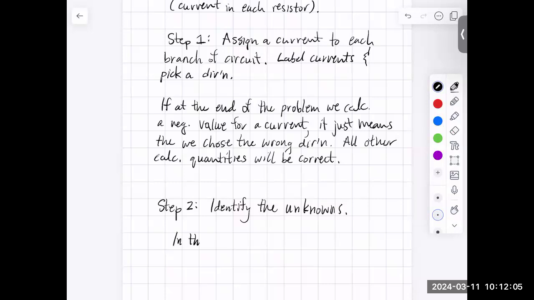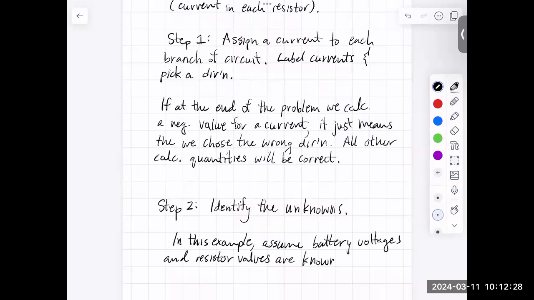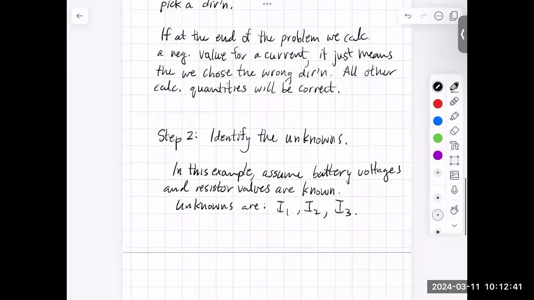So in this example, assume battery voltages and the resistor values are known. The unknowns are I1, I2, and I3. Okay.